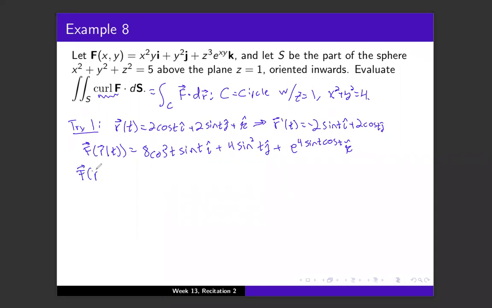But in fact, it didn't matter what the z term was, because once you take this dot product, it's going to go away anyways. This becomes negative 16 cosine squared t sine squared t plus 16 sine squared t cosine t.